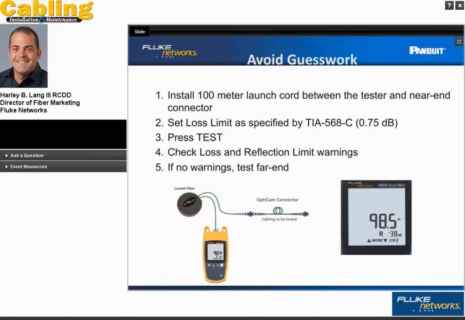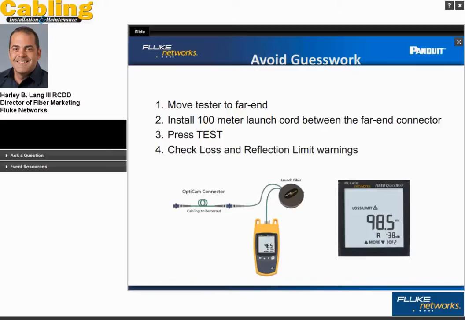You can set test limits, press test, and you can use those limits to determine the performance of that first connector. So we're able to tell whether that connector termination is adequate or not, and specifically be able to tell which connector needs to be re-terminated. So there's no guesswork involved with this tool.